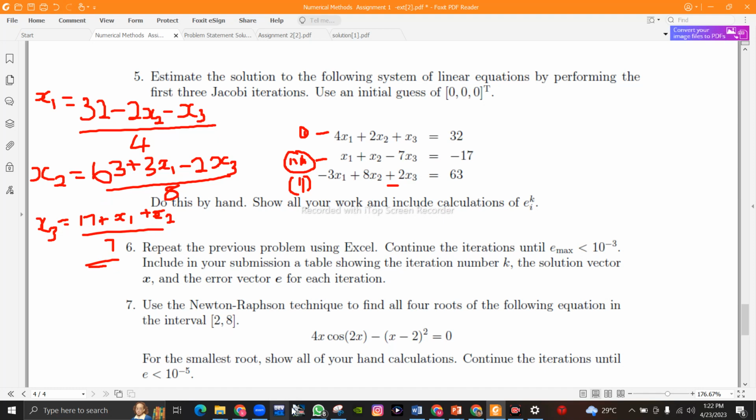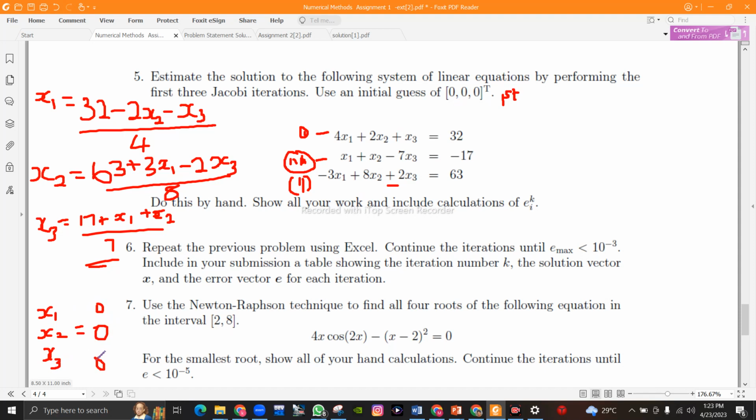So let's look for the first iteration. What's our initial value? We are given (0, 0, 0) transpose, which is 0, 0, and then 0. That is our initial value.